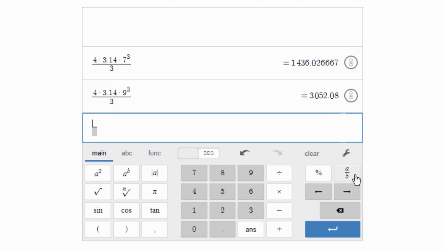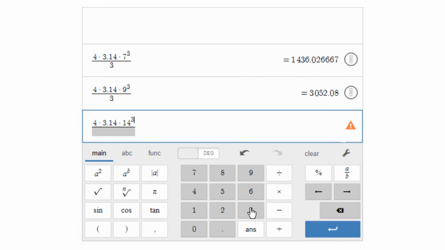Let's one more time use our fraction button. 4 times pi, which is 3.14, times the radius of 14 raised to the third power, all divided by 3, and we get the answer of 11,488.21333.